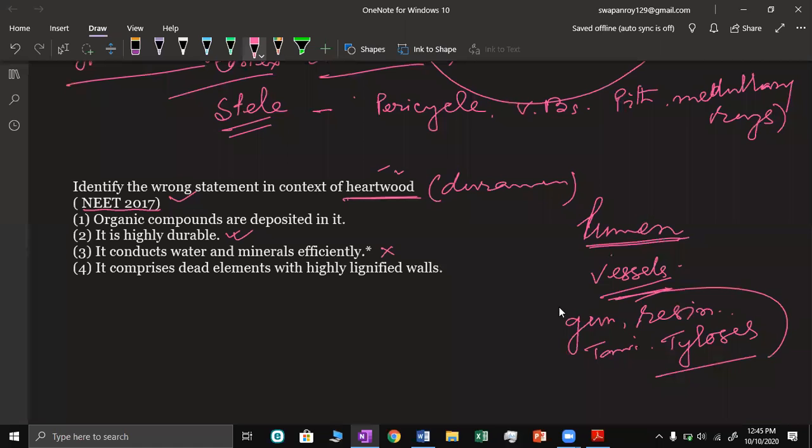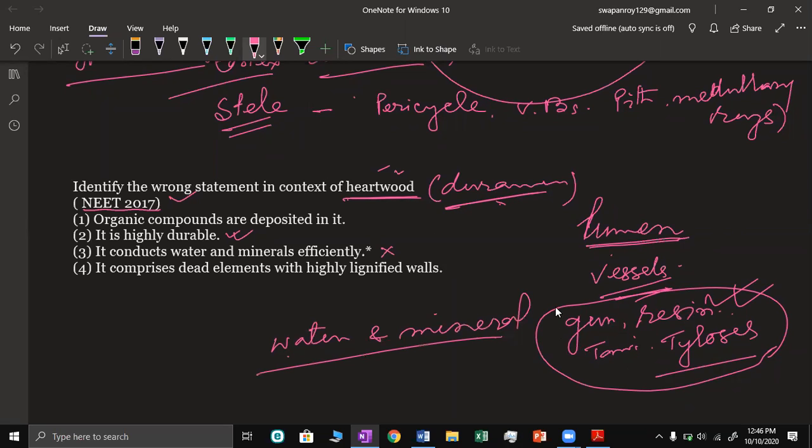So as heartwood is blocked, they cannot carry out the conduction of water and minerals.